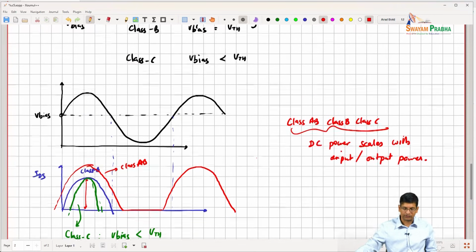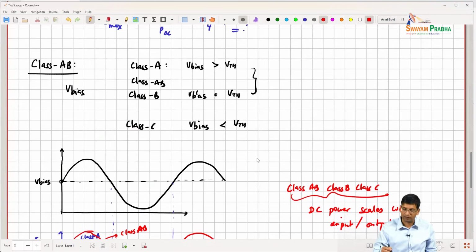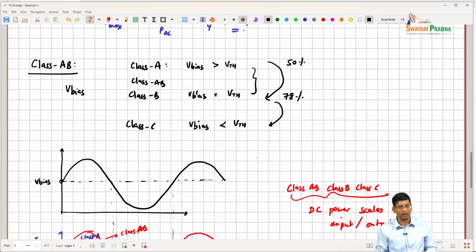What we can also see is that just like moving from class A to class B, we moved in peak efficiency from 50% to 78%. In class C, if you go to a zero conduction angle, you can go all the way to 100%. But then at that point, you're delivering infinitesimally small power as well.